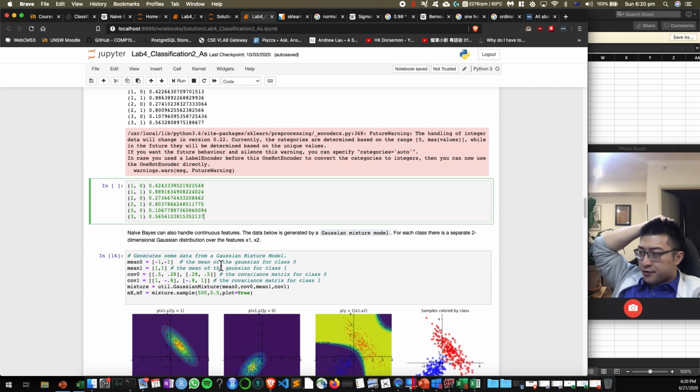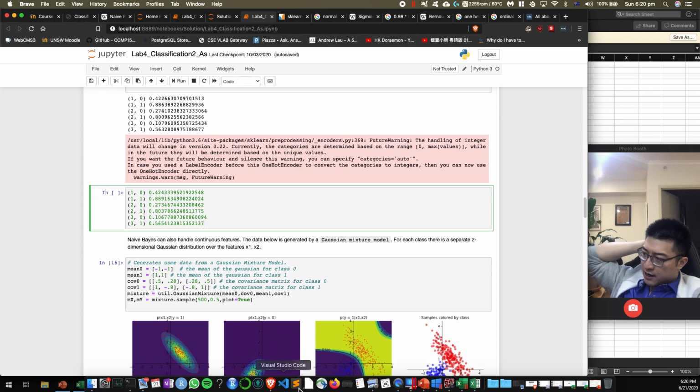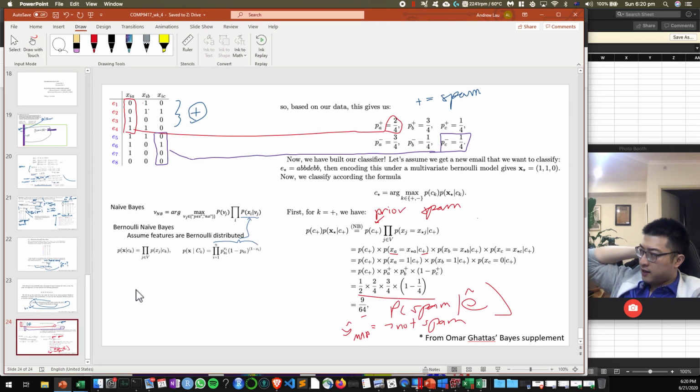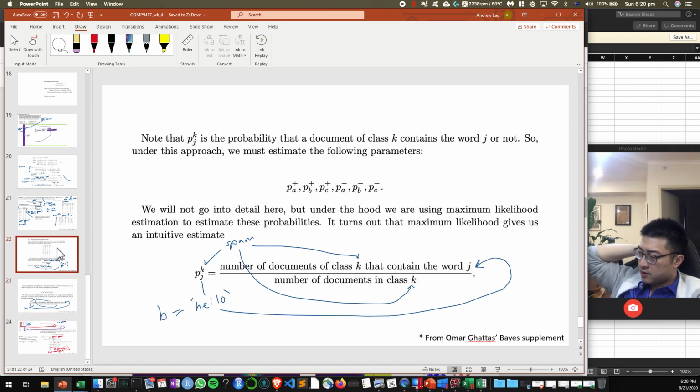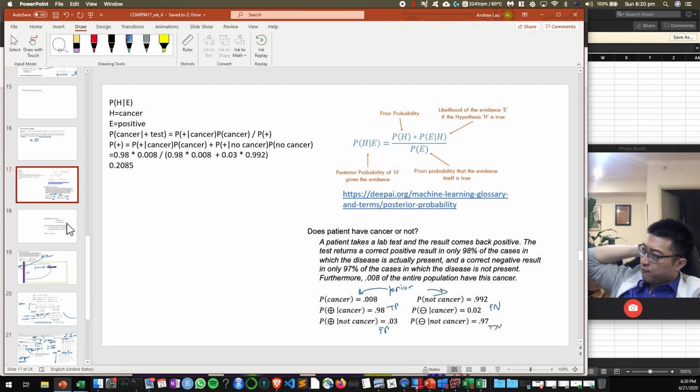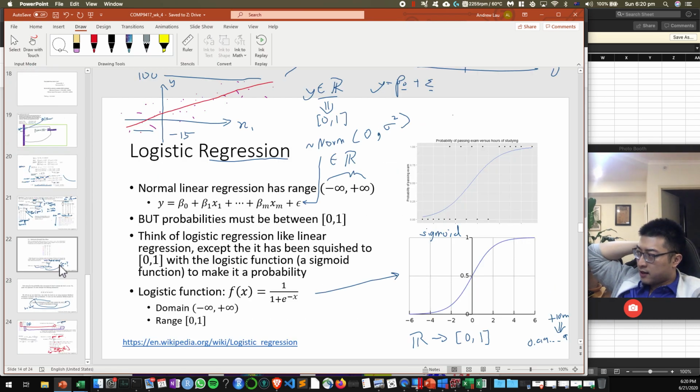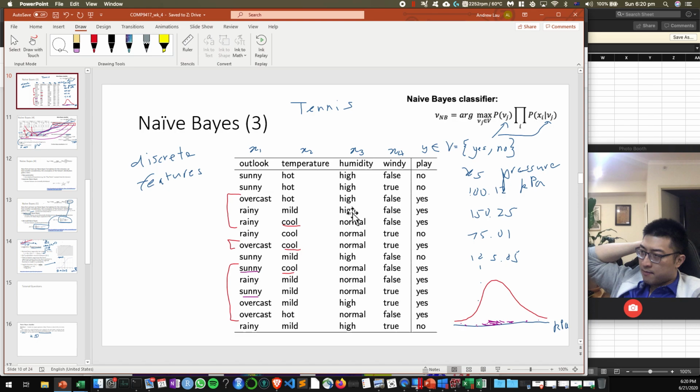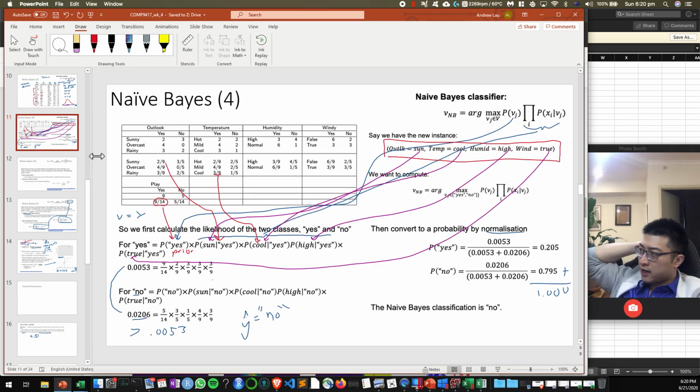Naive Bayes can also handle continuous features. I touched on it briefly here, but with naive Bayes, when we use empirical probability, like in the play tennis example, you look at the chance of it being sunny, so it's 2 out of 9.